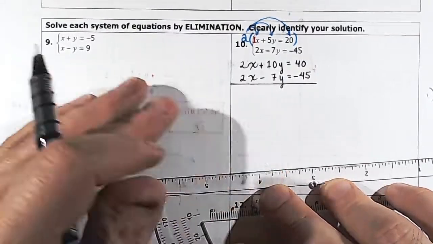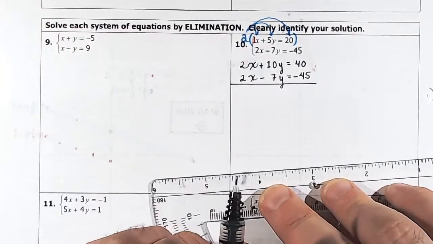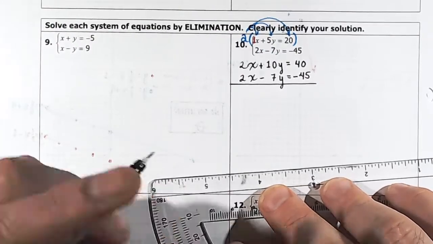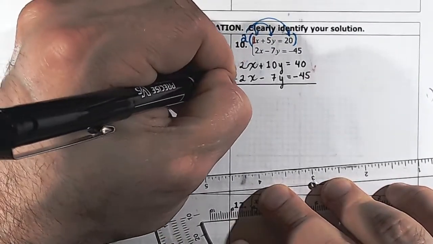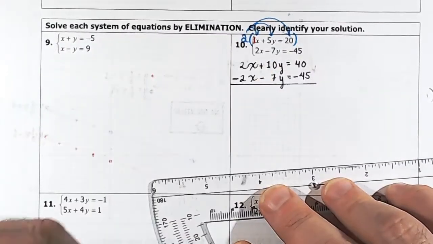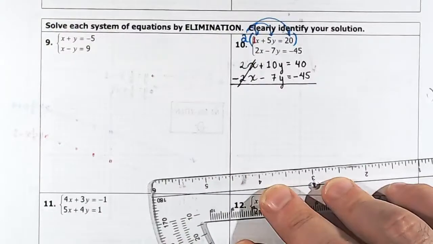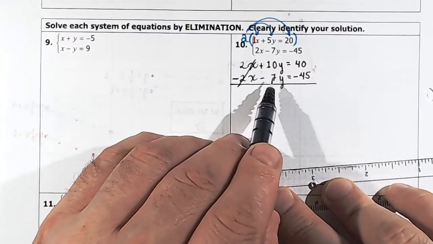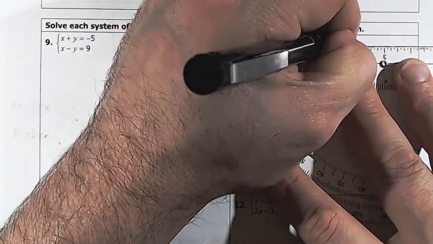And now how are you going to eliminate the x variable? Because that's obviously the one you want to eliminate. Well, you would eliminate it using subtraction. So 2x minus 2x is 0. They cancel out. 10y minus negative 7y.